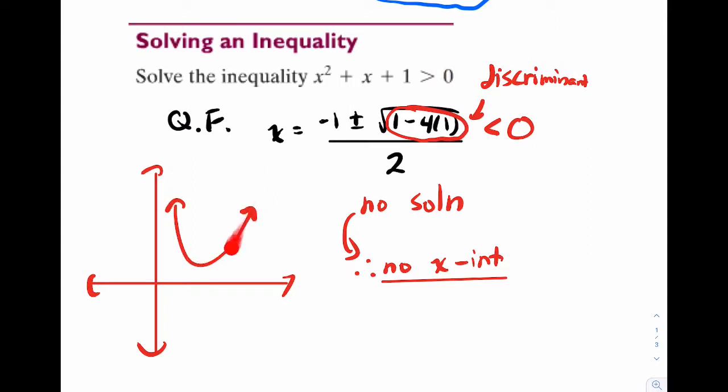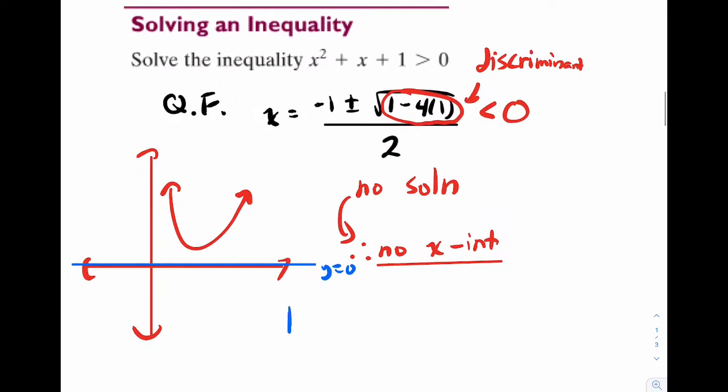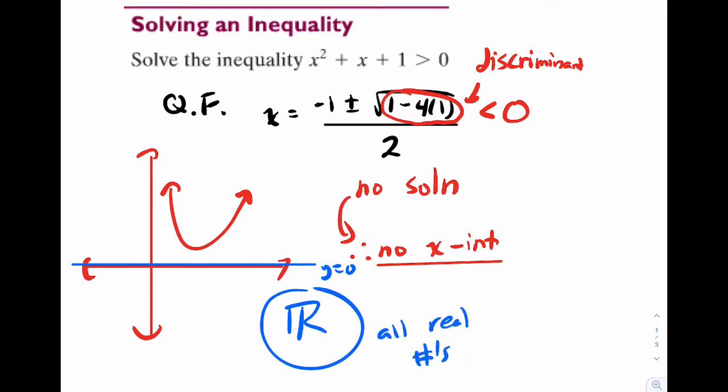Well, this graph is always above 0. Because if you think about 0, this is your y equals 0 line. It never hits it, so it's always above it. Therefore, the answer is all real numbers. And that's a symbol for all real numbers.